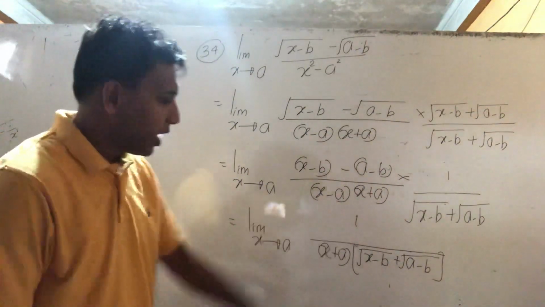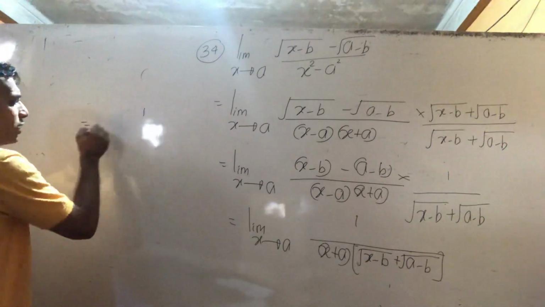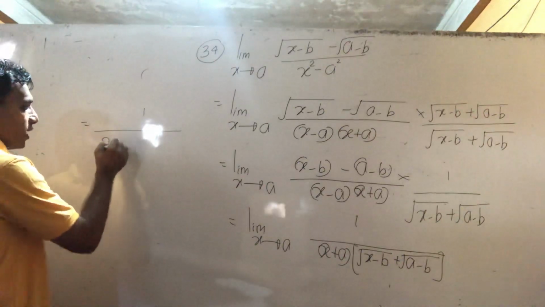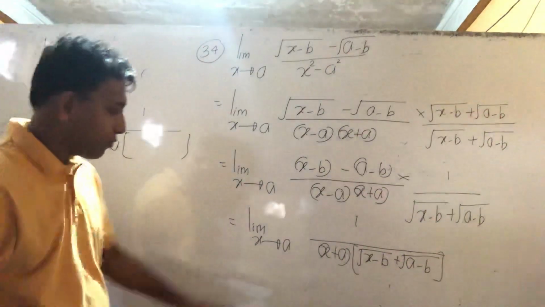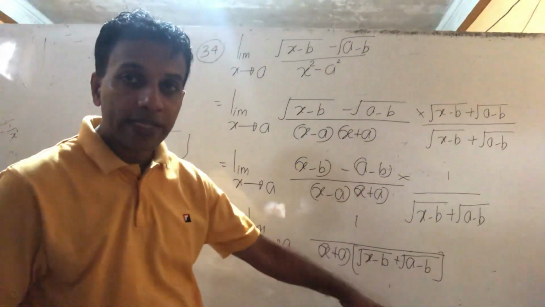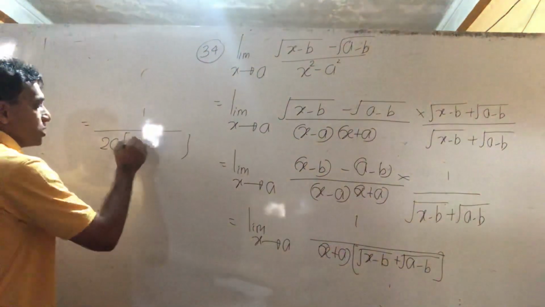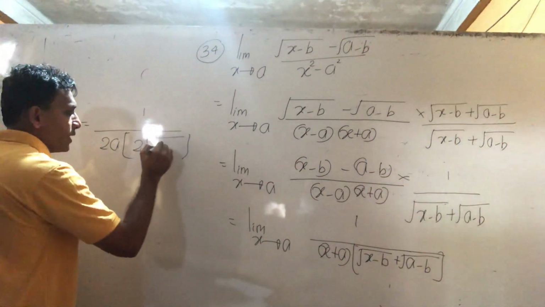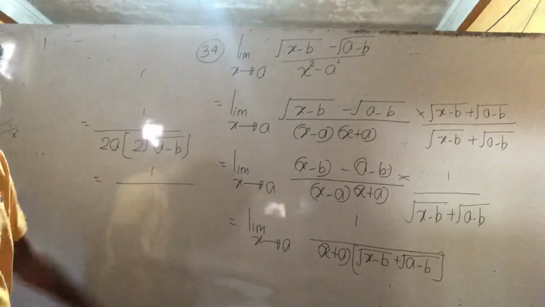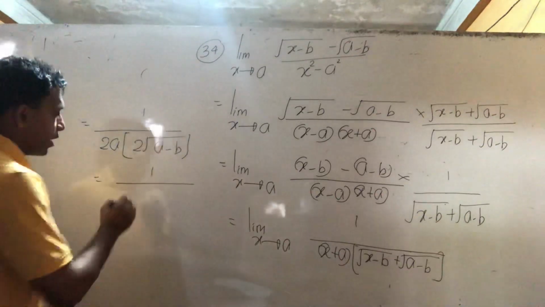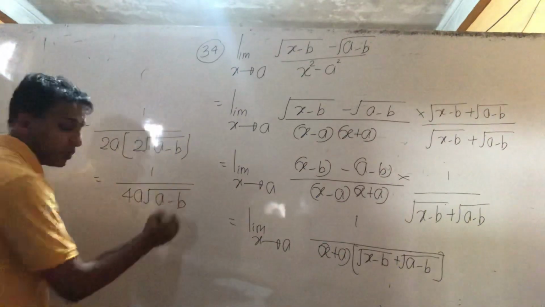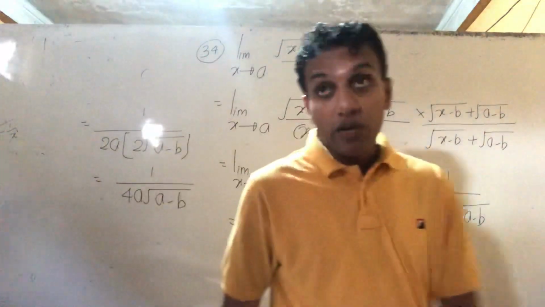So put x for a now. The answer is 1 over, put x for a plus a, 2a, within that bracket, put x for a minus b square root, again a minus b, so 2 times the square root of (a minus b), right? Therefore the answer is 1 over 2 times 2, 4, and the remaining square root part. 4a times the square root of (a minus b) is the final value.